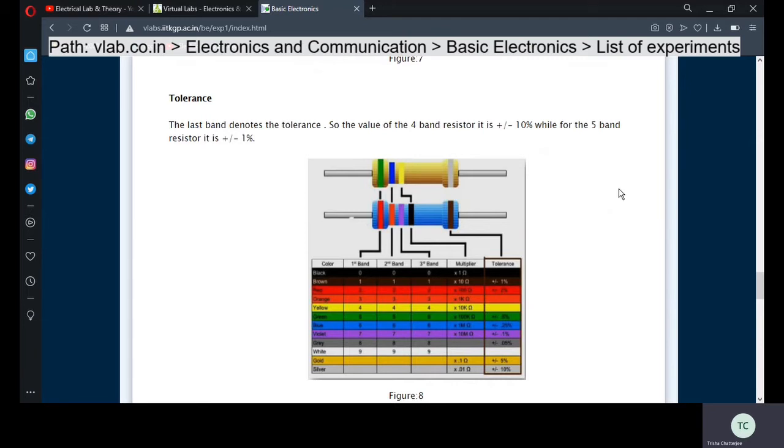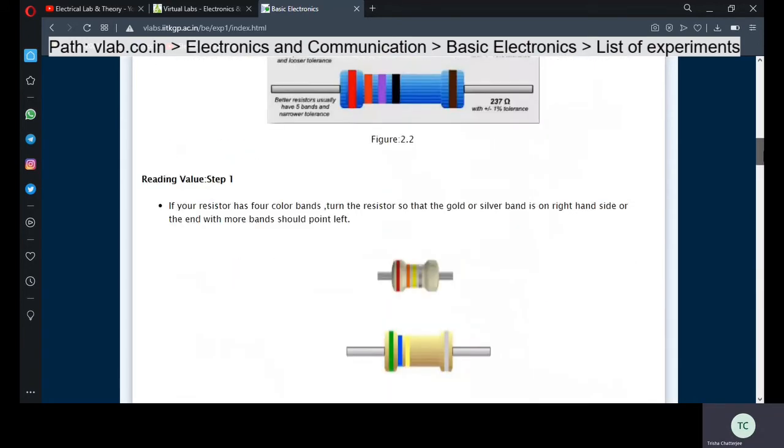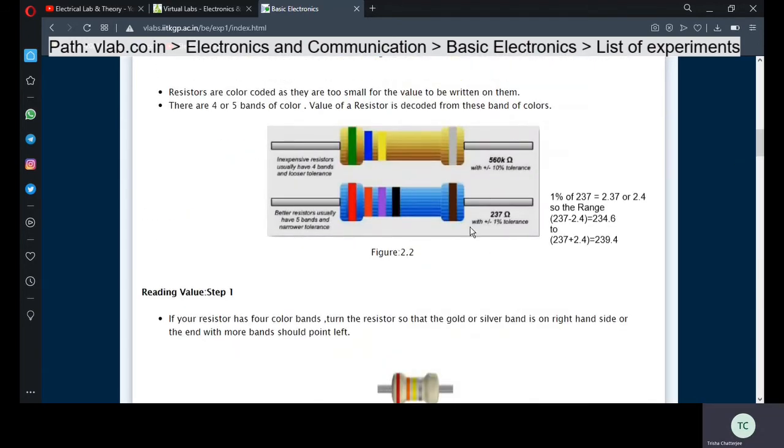That means 1% means only a change of 2 or 2.4 ohm is acceptable in a 237 ohm resistor, right? Here I am again going to, yes. In this 5-band resistor, you can see 237 ohm is there with a tolerance value of plus minus 1%. So if we measure the resistor with a multimeter and our resistance value is coming as 240 ohm, then it is not correct.